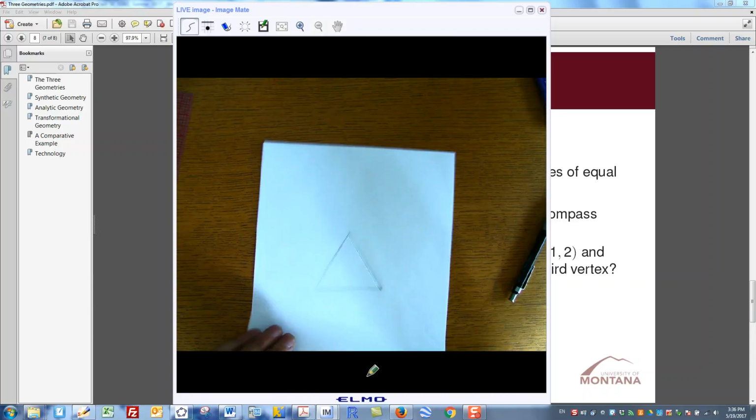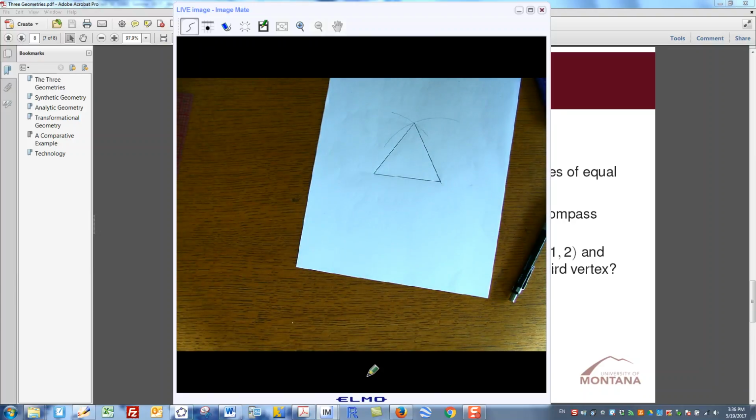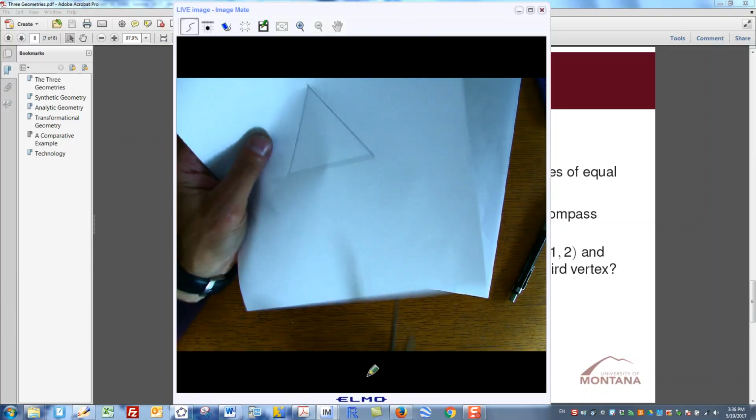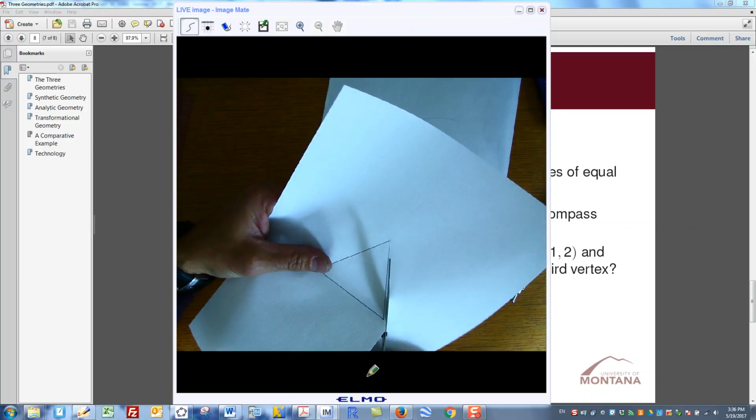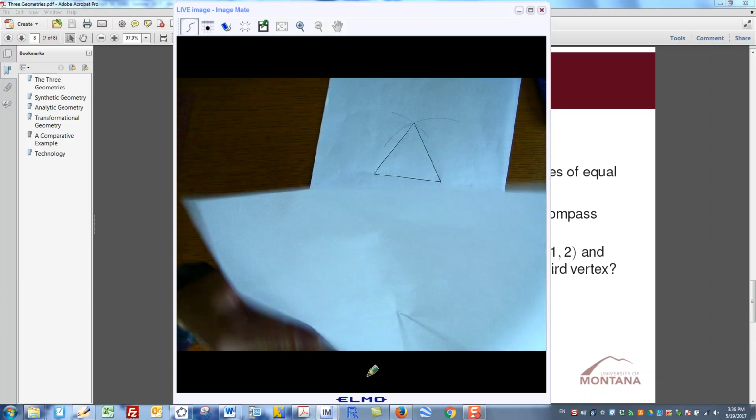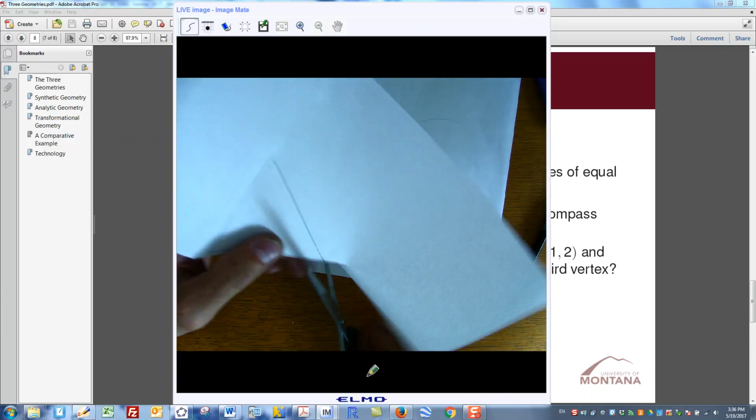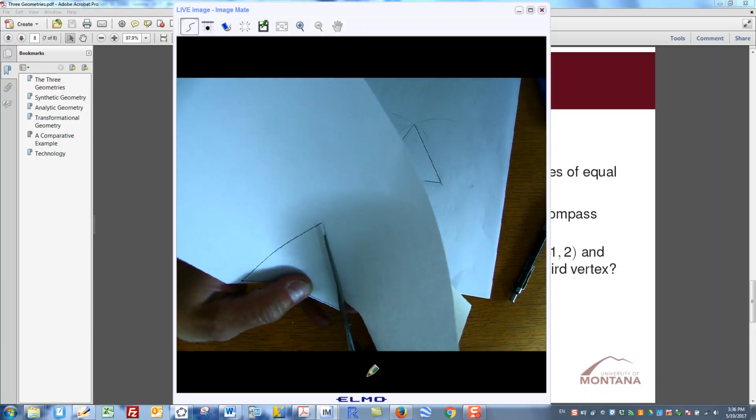And I'm going to go ahead and cut that puppy out. Get this thing cut out.